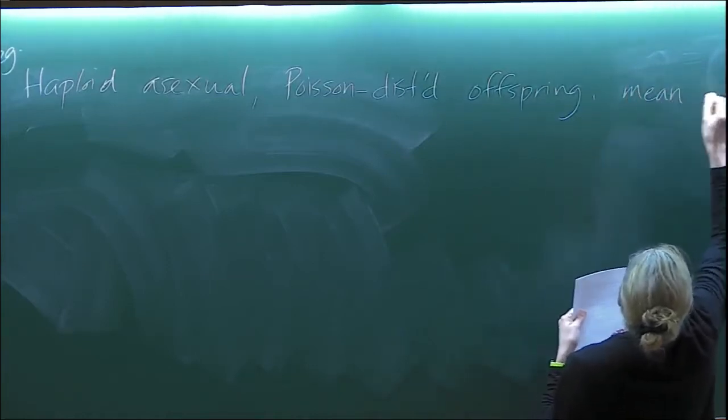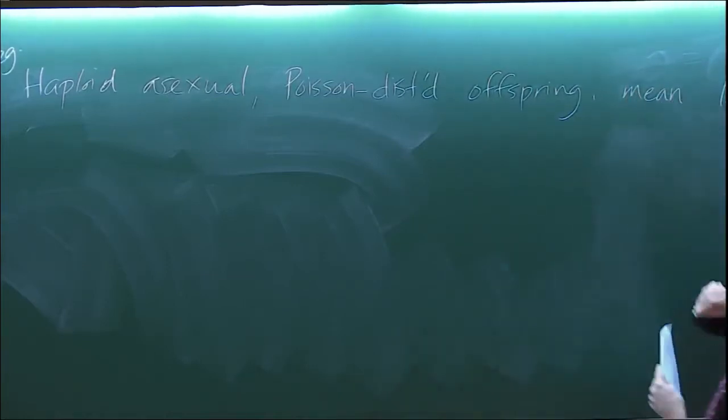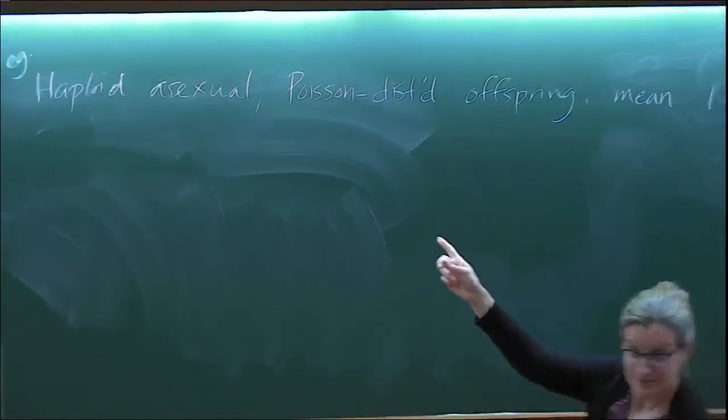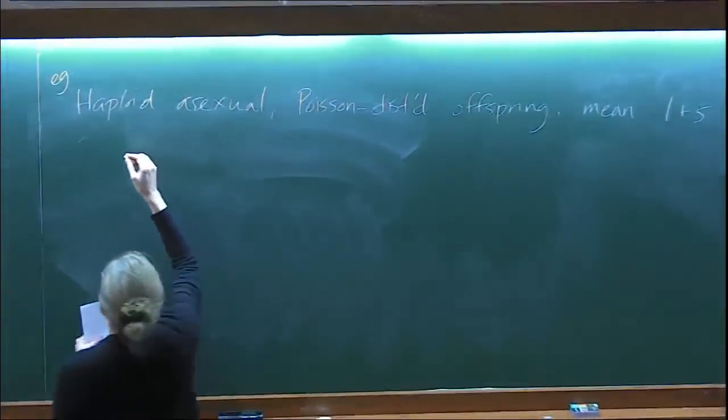And the mean number of offspring, 1 plus s. So your canonical beneficial mutation. All right, can you write the PGF describing this branching process?